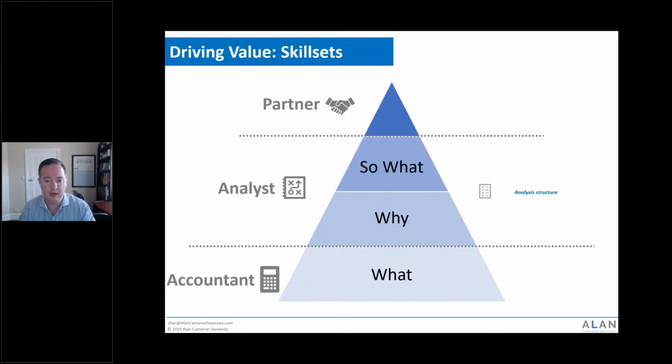And then we get to the real value add stuff, the partnering and looking at now what, like whether there is a solution or a next step. That's kind of the biggest difference between accountants and someone who is an advisor and a finance business partner. And isn't that really the definition of an advisor?